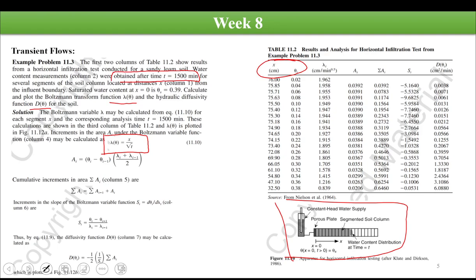For the first calculation, lambda will be equal to x upon square root of t, where x is 76, divided by the square root of 1500. That is going to be 1.962, as given here. In this way, we can calculate all the lambda values.